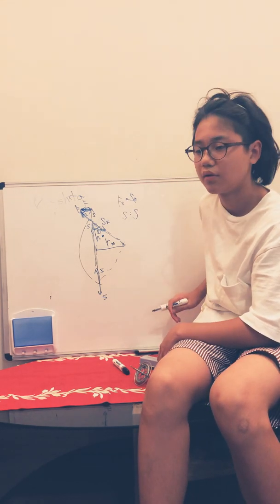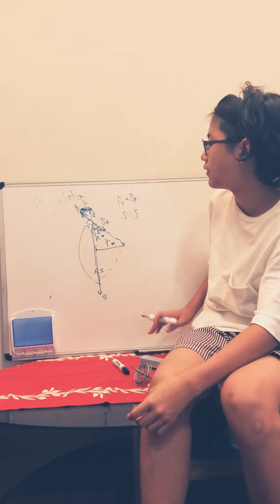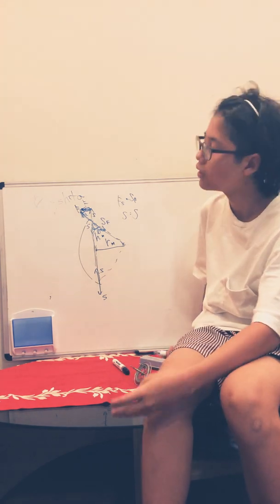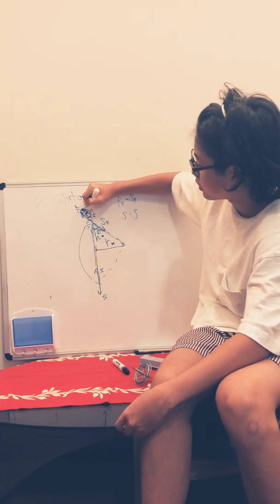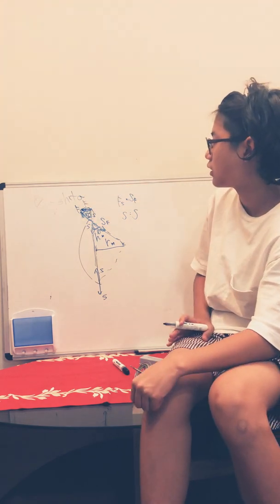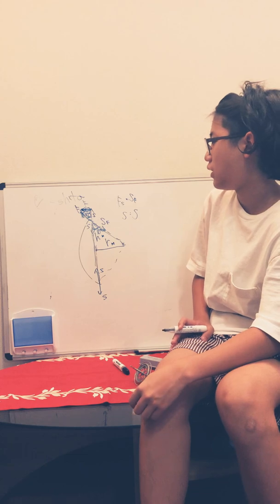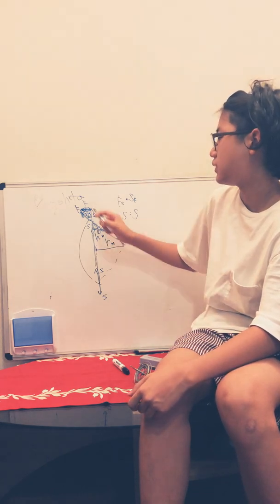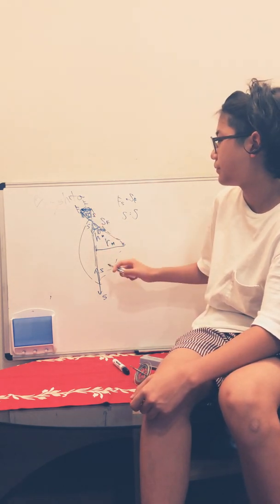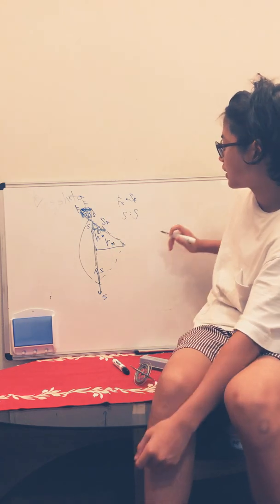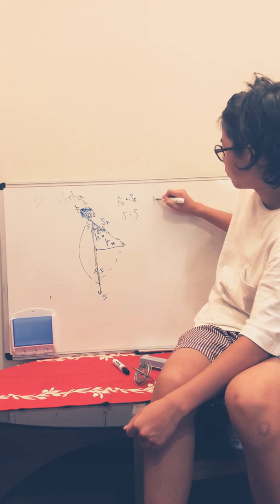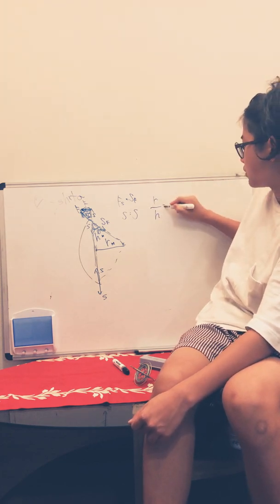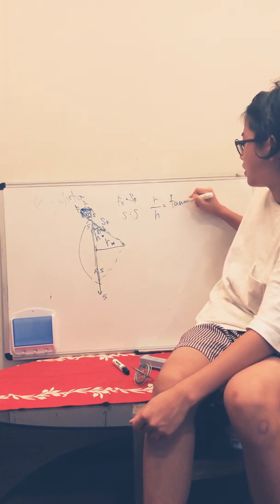According to the math of shapes, this degree is also theta, right? And this fact shows that R divided by H equals tan theta.